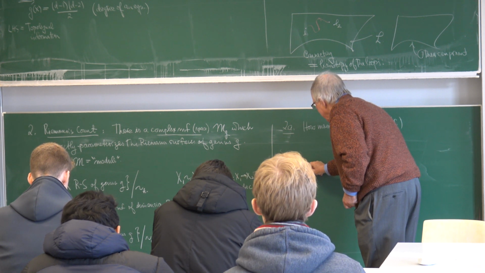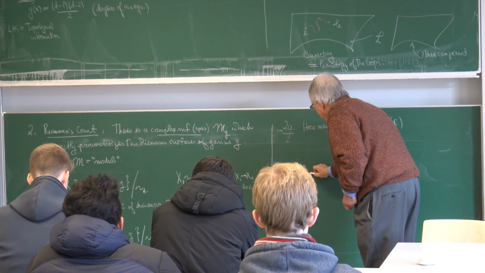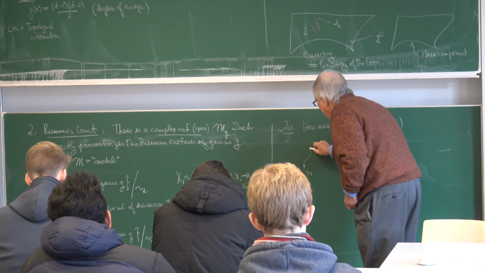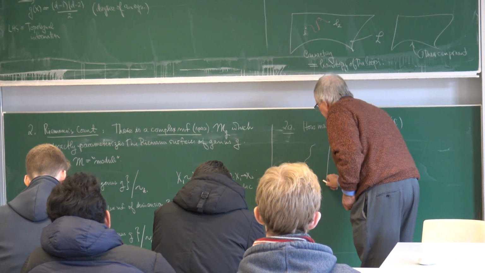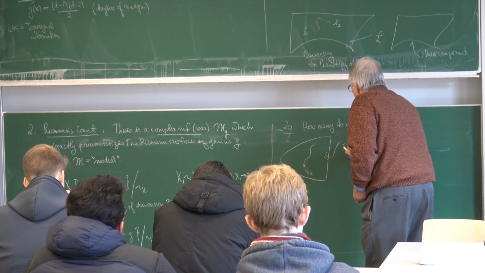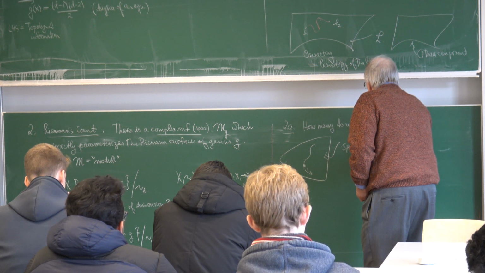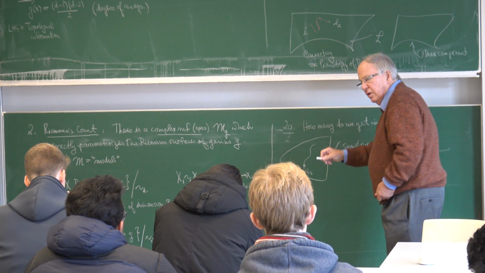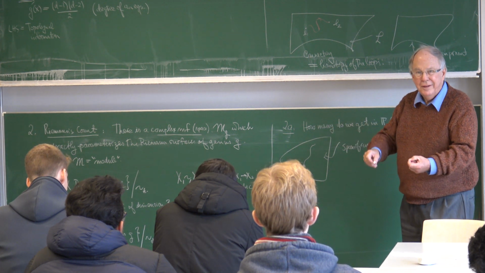Here's a curve X of genus G, let's say of degree D. And now I'm going to move it inside the space of curves of degree D. It's obvious how I move it. I just move the polynomial, right?